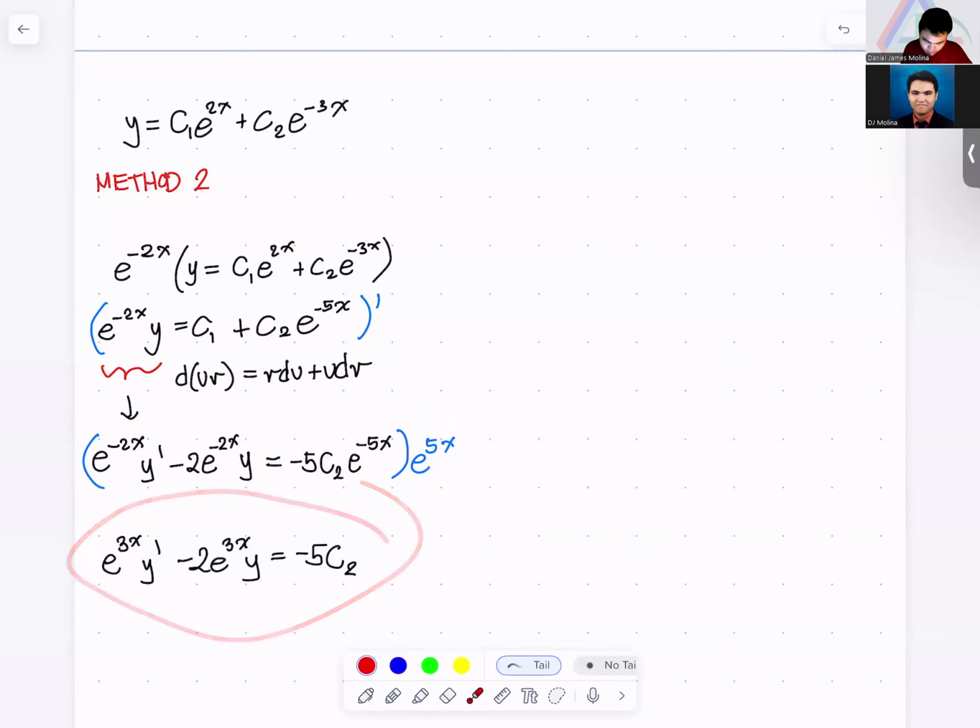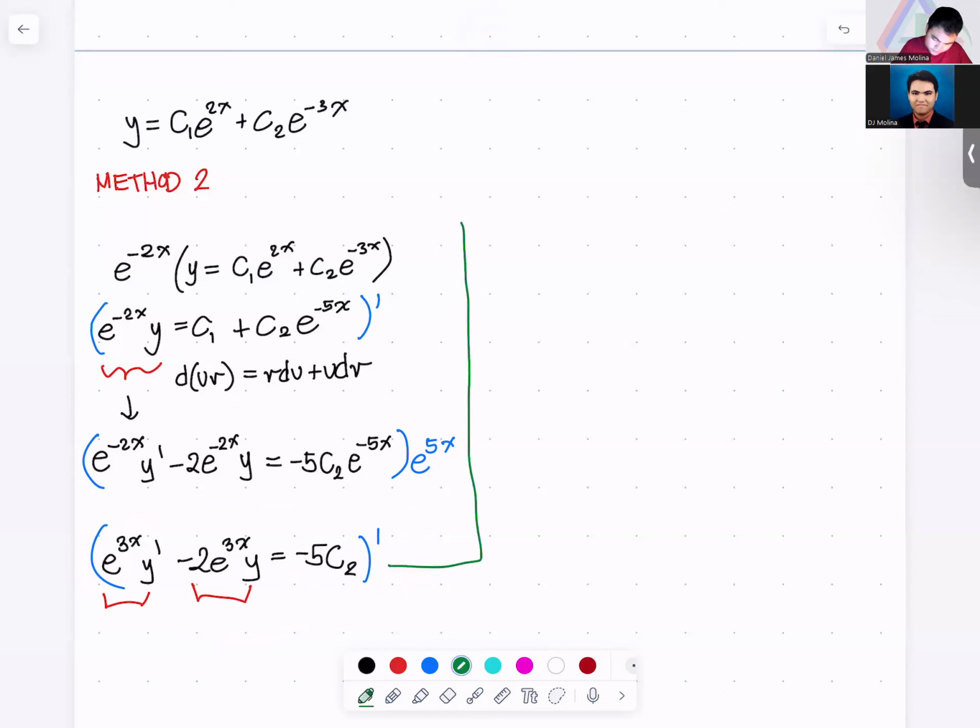Now, from here, as you may notice, if we differentiate again, the second arbitrary constant will be eliminated already. So, differentiate. Take note, we have two terms wherein we need to use the product rule.